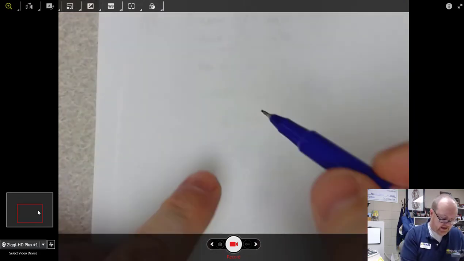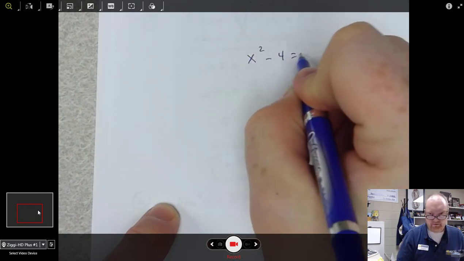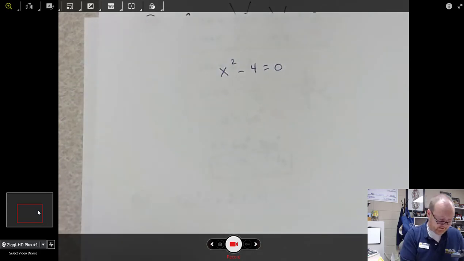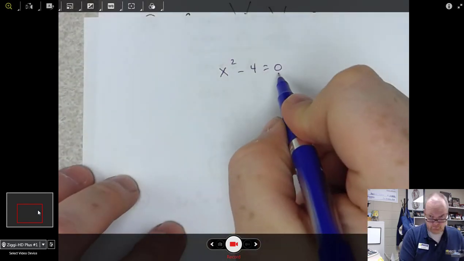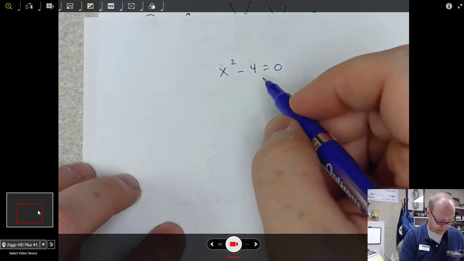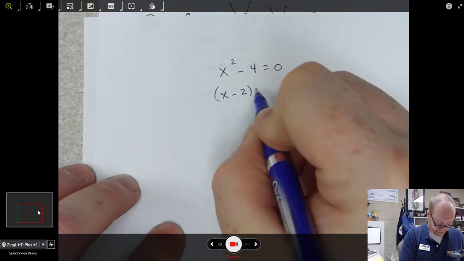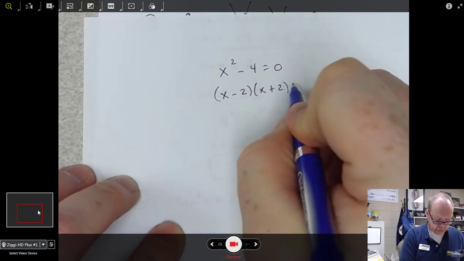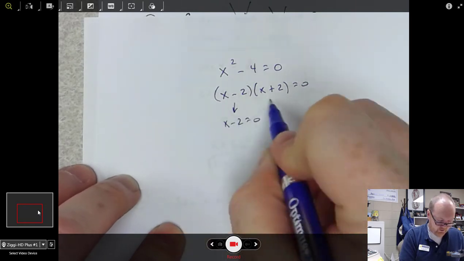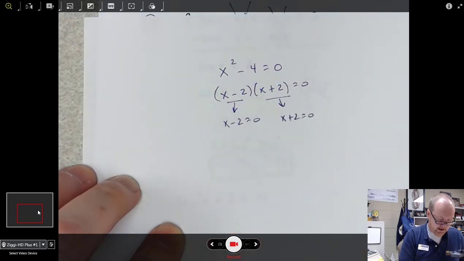If I have a quadratic equation like so, there's a couple of ways to be able to solve that, right? We can try factoring. I think factoring is a good way. By the way, we've got to have it equal to 0 before we do all this solving and factoring business. So that factors into x minus 2 and x plus 2. And then I'm going to set each factor equal to 0 and solve those equations.